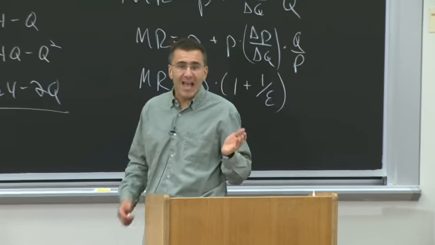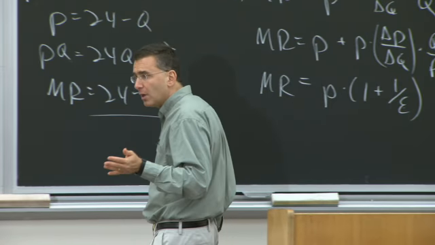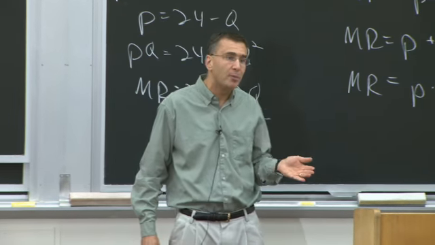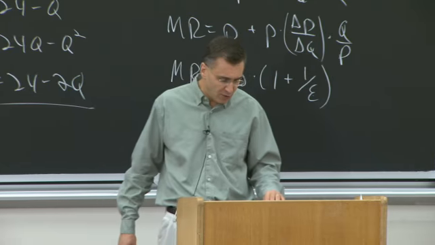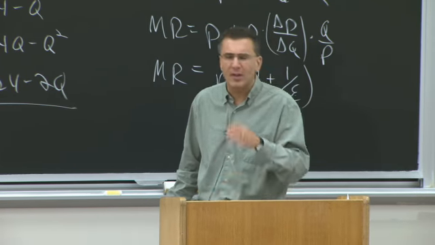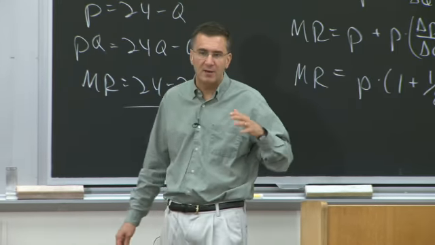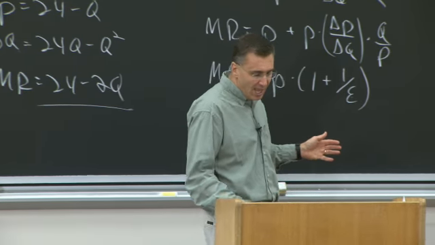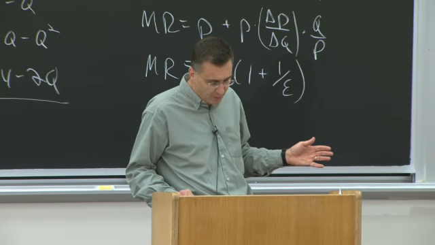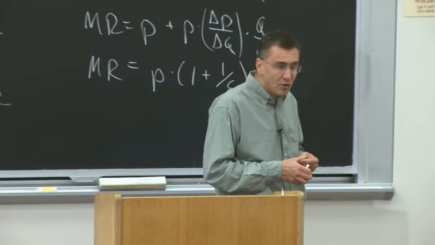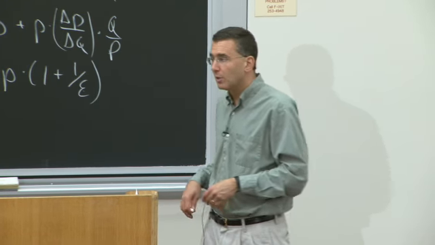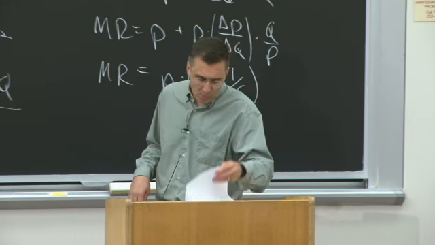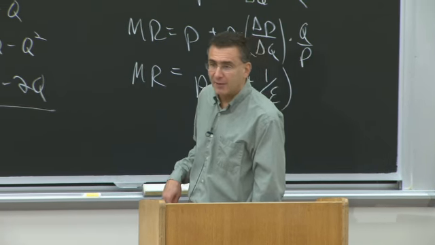And as you can see, as the elasticity of demand approaches 0 from below, I should have said perfect competition, I'm sorry, it was negative infinity, not infinity. As the elasticity of demand approaches 0 from below, marginal revenue is going to become negative.